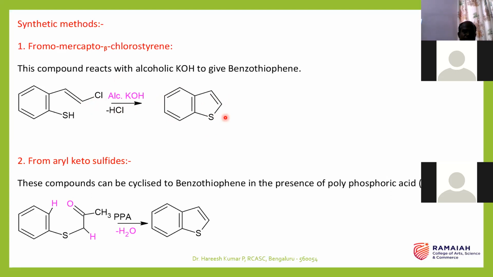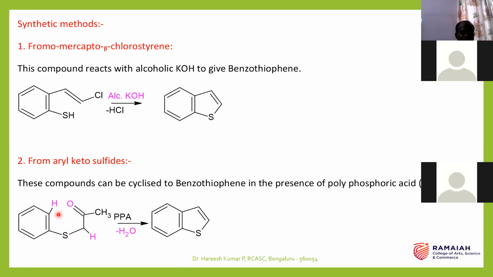One more method is from the keto sulfide. This is the keto group, and this group is the sulfide. One can also prepare benzothiophene starting with keto sulfide. When it is treated with PPA, polyphosphoric acid, its role is dehydration, removal of water. How does the removal of water take place?